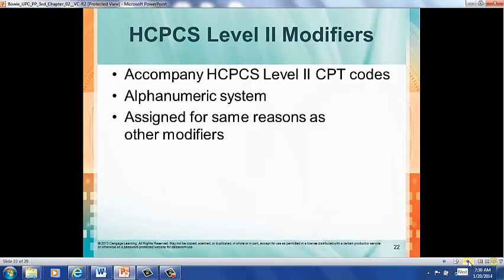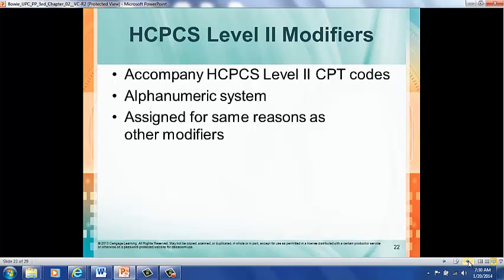HCPCS Level II modifiers accompany the HCPCS Level II codes. HCPCS is an alphanumeric system that describes services provided by physicians and other providers. The HCPCS system also provides codes for ambulatory or ambulance services and durable medical equipment, DME.